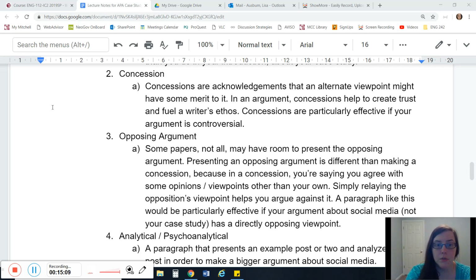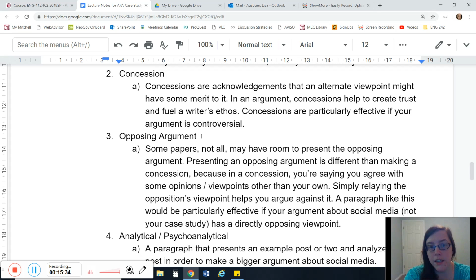Alternatively, you can also provide an opposing argument paragraph, and a paragraph like this, instead of giving a concession, is just saying, okay, this is the argument of those who disagree in some ways with what I am about to say or what I have said. These give you a platform to refute your opponents.